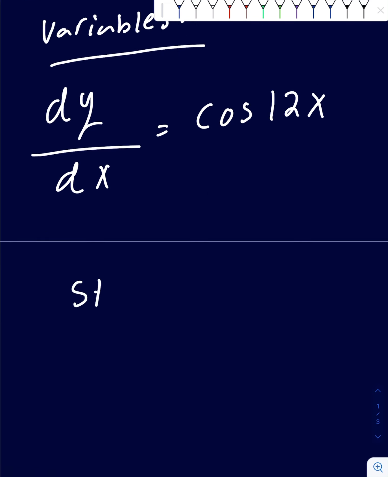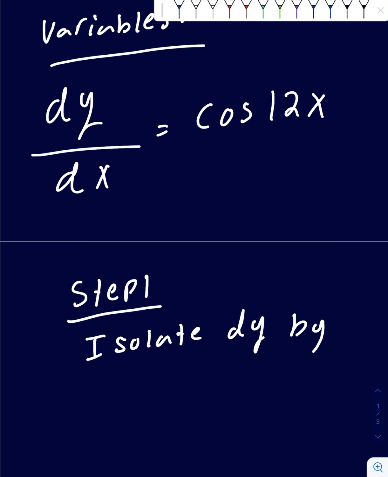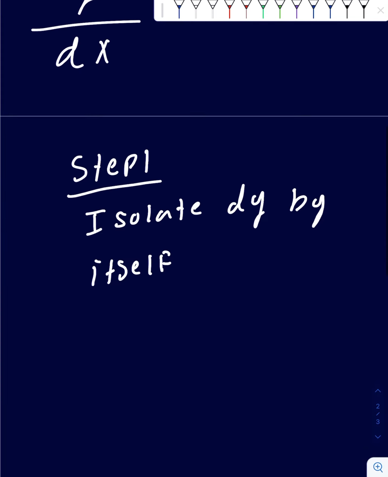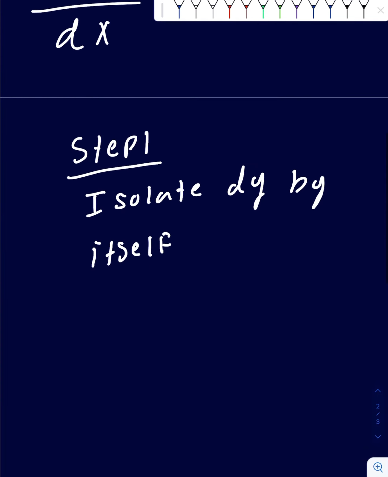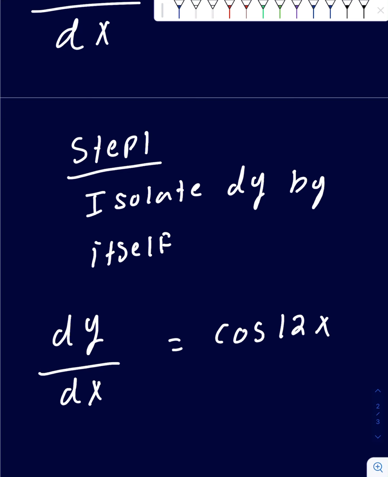So step one, isolate dy by itself. We rewrite the problem: dy over dx is equal to cosine 12x.